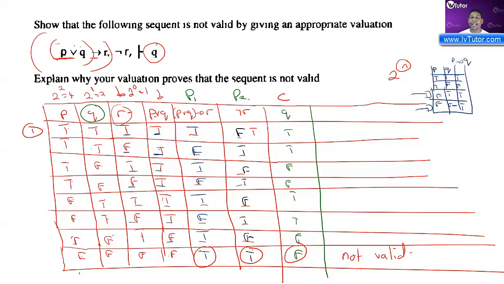So we can refine validity of an argument to say every time that the premises are true, the conclusion has to be true.